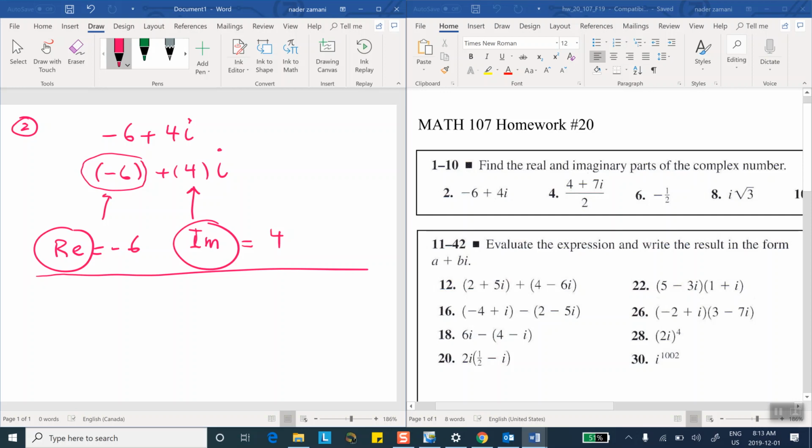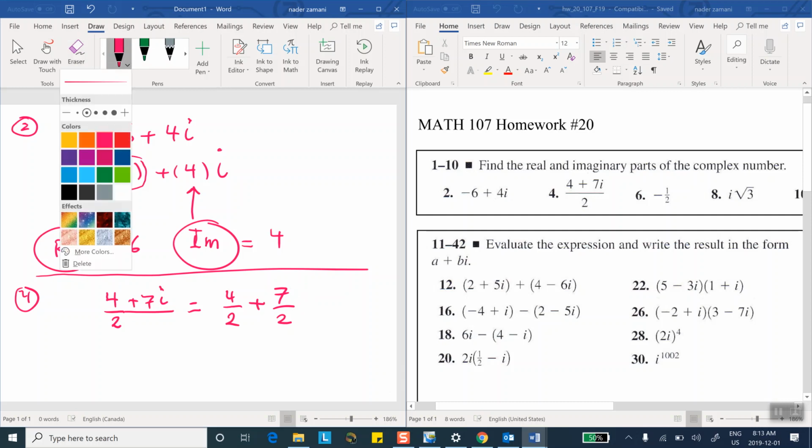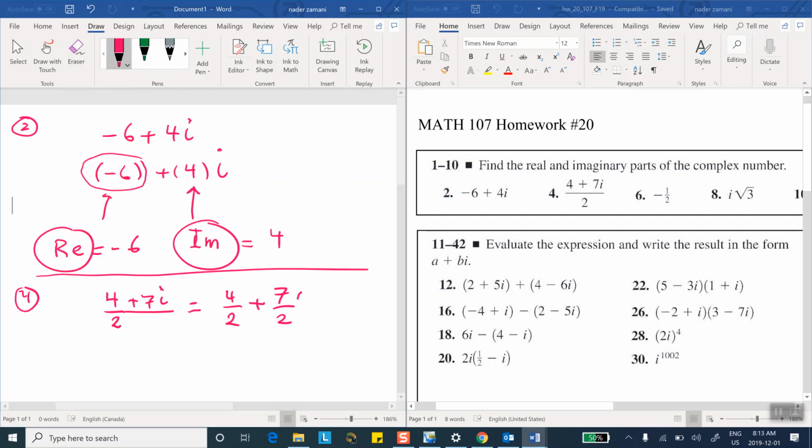Okay, let's do number 4. Number 4, as it's written, looks like this: 4 over 2 plus 7 over I. I want to remind you that you can write it as 4 over 2 plus 7 over 2 times I. As a matter of fact, if you want, I can write the I up there, but it really doesn't matter. I can bring it in the front.